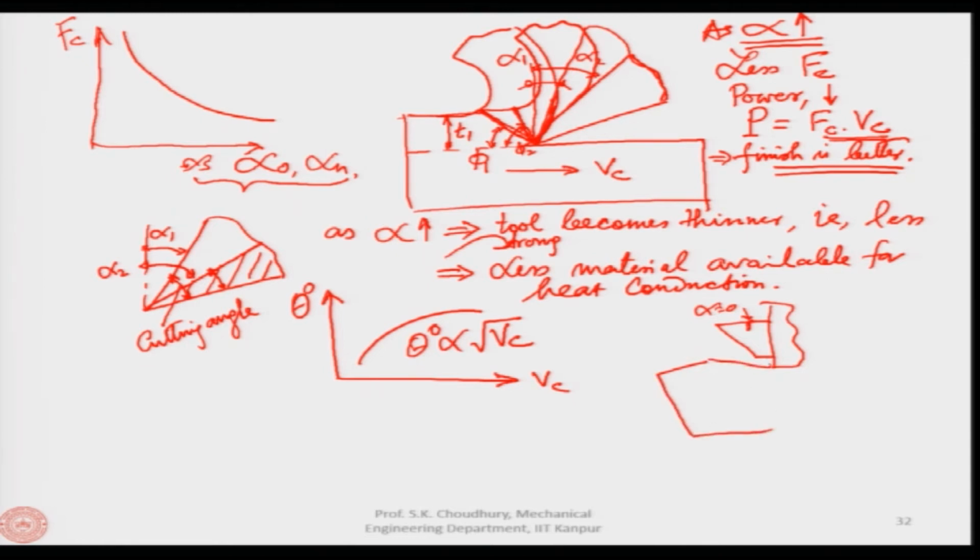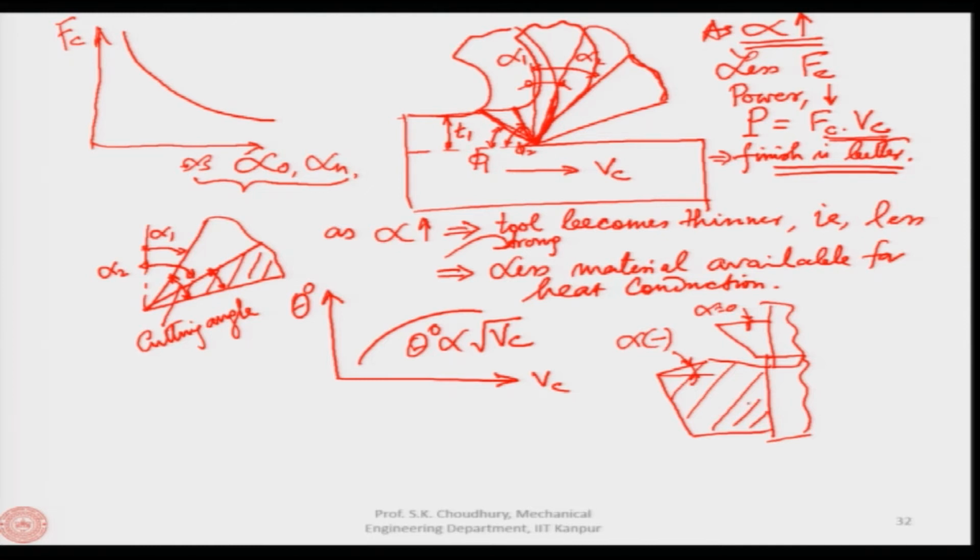This is the negative rake angle. In the case of a negative rake angle, as you can see, the tool is fatter. That means the tool strength will be more and more material will be available here for heat conduction.